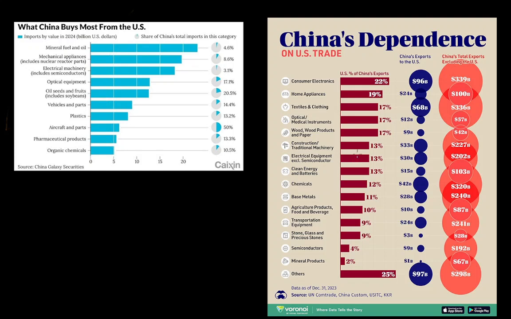That's one. Now, if you think about what America is buying from China, the highest rate, according to the source, is consumer electronics at a whopping 22%. These are the ones that Trump had to rethink and say, we cannot afford not to buy this from China.